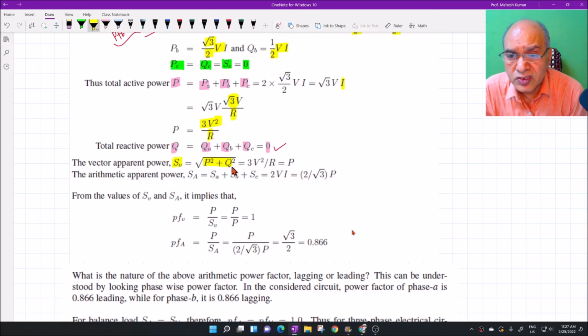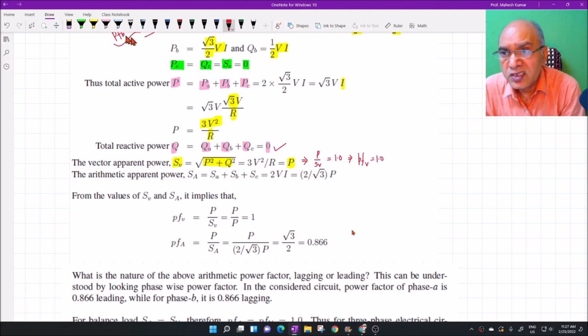Now since Q is 0 and P is nothing but 3B square by R, SB is same as P. From this, the ratio P by SB will come as 1.0. This implies that the power factor based on the vector apparent power is 1.0, and this is written here.